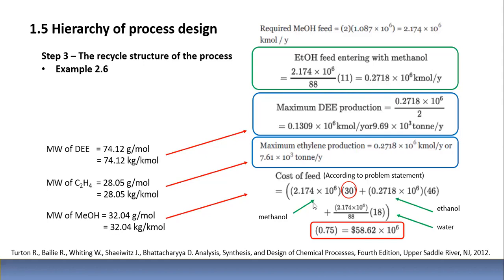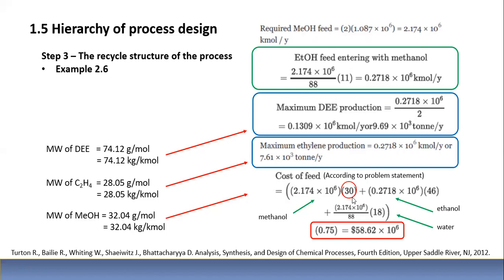Okay. Now in here, what you're seeing is the cost of feed. That is the cost of methanol, 2.174 times 10 to the 6, times 30. What is this?